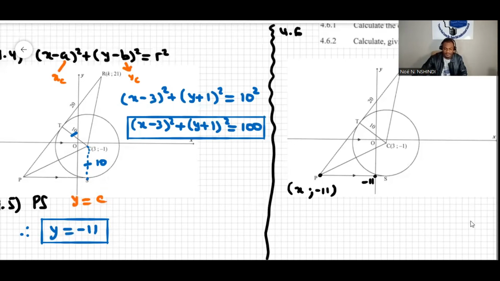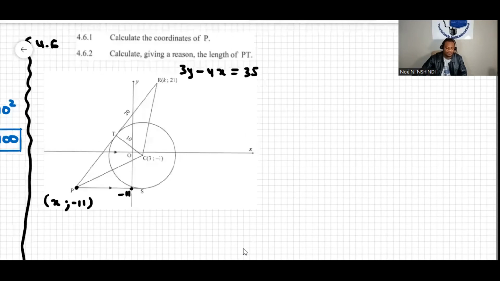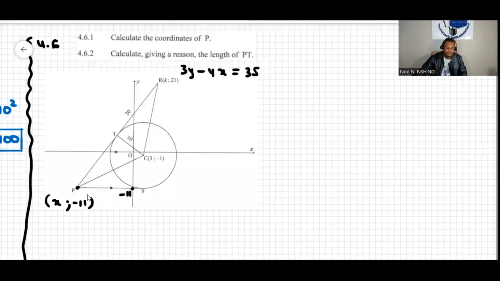We can find the x coordinate by substituting the value of y in this equation. Okay, so we can work it out. It's gonna be 3y in the bracket like that, minus 4x equal to 35.